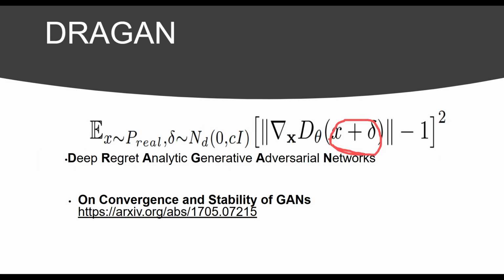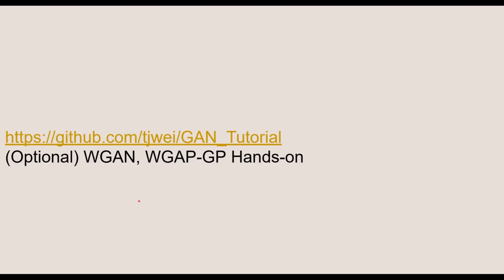As a result, it only chooses X near the real data. So this one is a small noise. It only enforces the Lipschitz condition on real data plus some small noise, and it found out that it is quite enough. So we have some tutorials on WGAN with gradient penalties, and you can also try them in this repo.